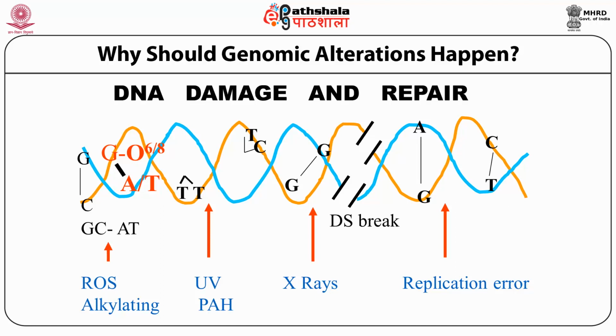And whenever such DNA lesions occur, they have to be removed. This removal takes place by the DNA repair system. However, in the case of cancer, the DNA repair itself is defective, and this defect gets fixed in the daughter progeny, thereby fixing the mutation in the resulting progeny.